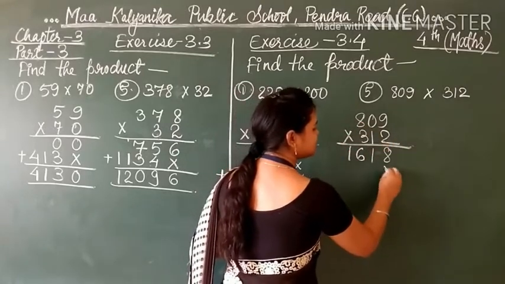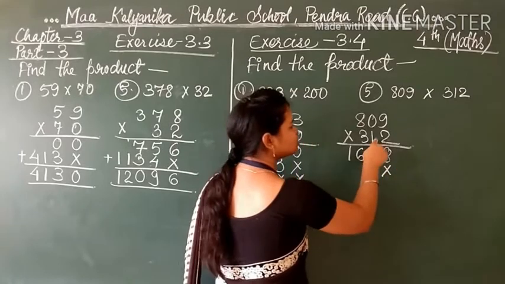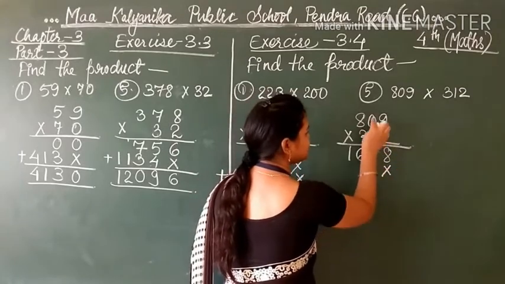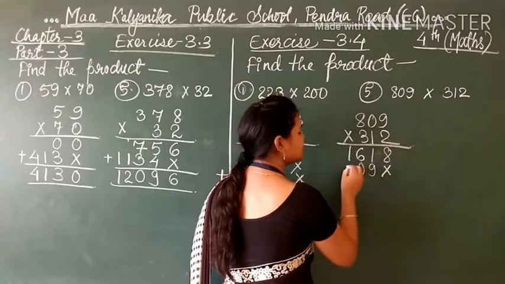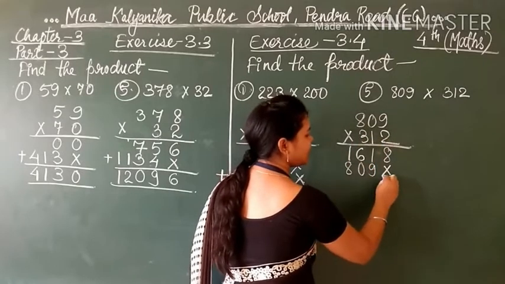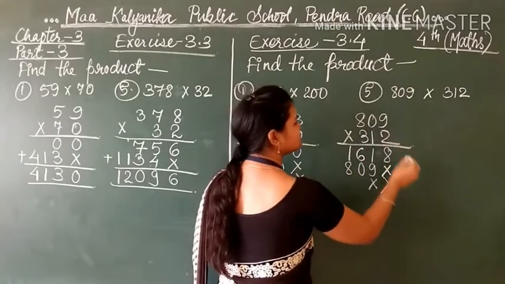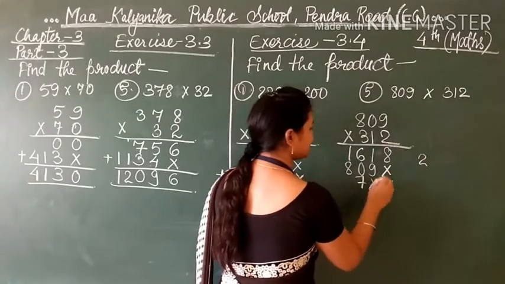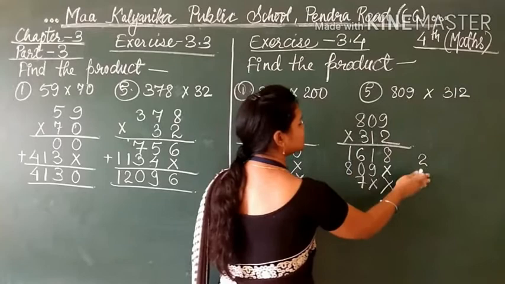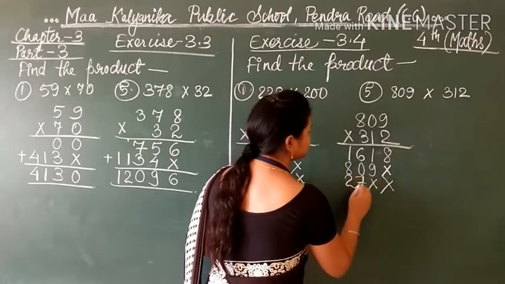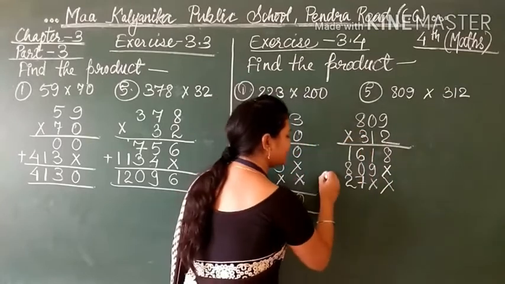Now moving to the next digit, the second digit, so 1 cross. 1 nines are 9, 1 zeros are 0, 1 8s are 8. Okay, now the third digit, so 1 and 2 cross here. 3 nines are 27, 2 carry, 3 zeros are 0 plus 2, 2, and 3 8s are 24, 2 and 4.